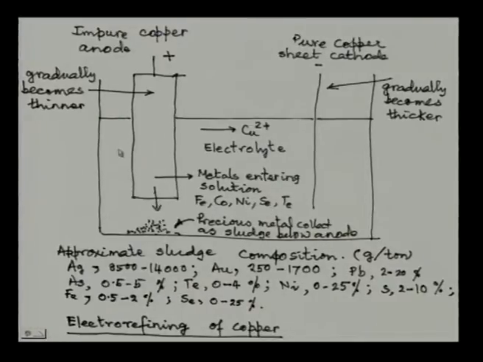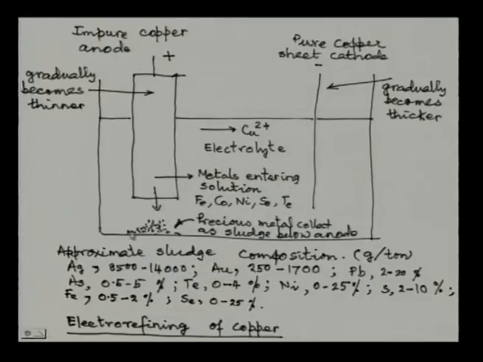We have a sulphuric acid electrolyte, and they will go into the solution. But there are precious metals in this impure anode. As copper leaves this anode, while these impurities go into the solution, the precious metals simply drop below the anode to form a sludge.